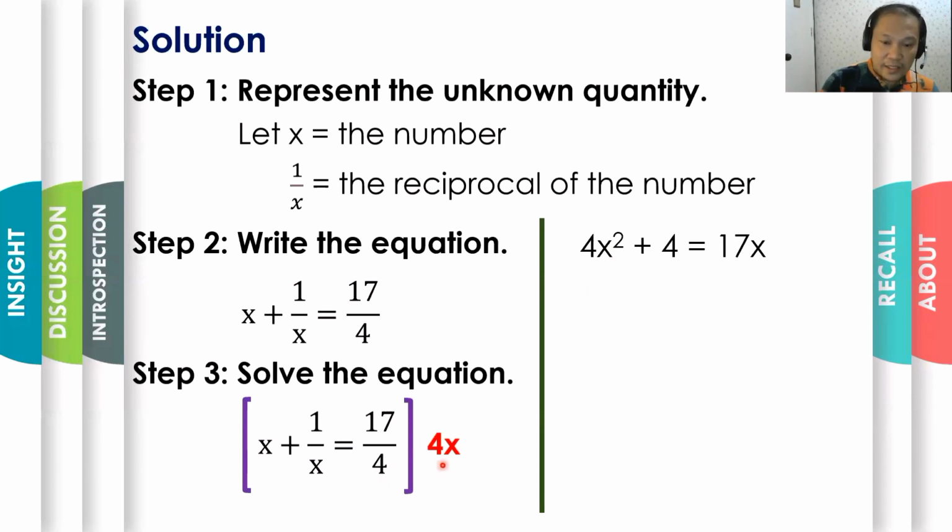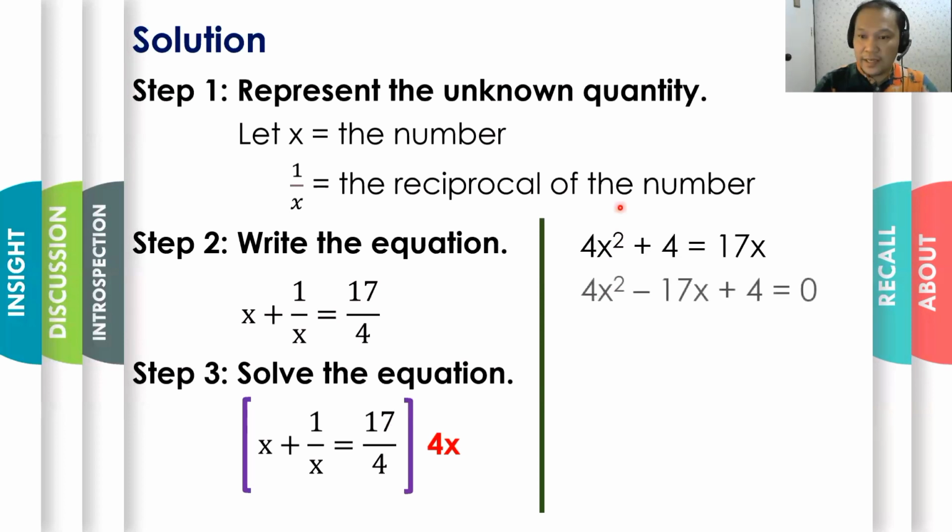On the other hand, when 4x is divided by x, the answer is 4. Multiply to your numerator, which is 1, then the answer is 4. Then 4x divided by 4, the answer is x. Multiply to your 17, which is the numerator, then you have 17x. Thus, we have 4x squared plus 4 is equal to 17x.